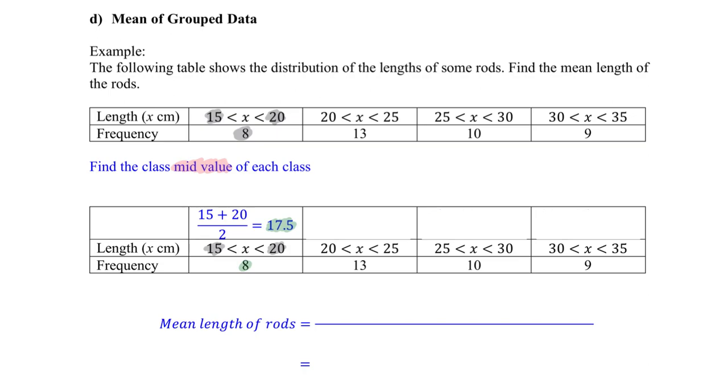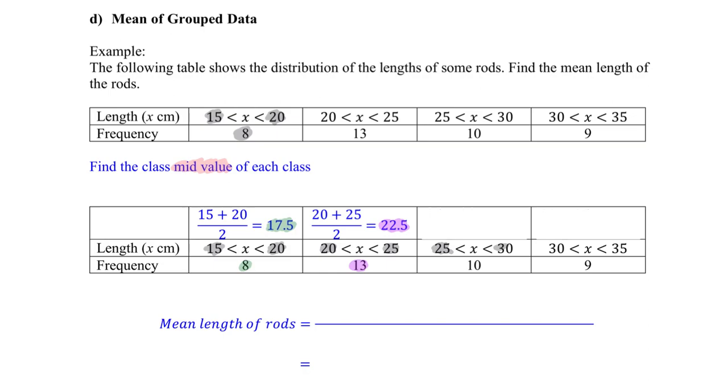For the next class, where the length is between 20 and 25, again, I add them up and divide by 2 to give me 22.5. So for this frequency 13, for these 13 rods, later on in my calculation, I'm going to use 22.5.